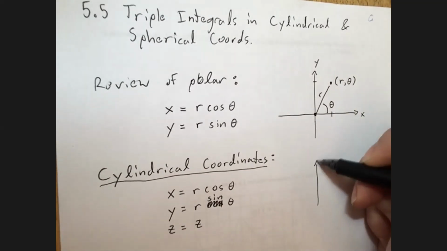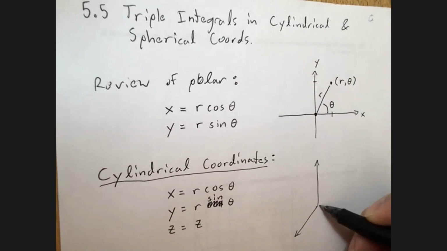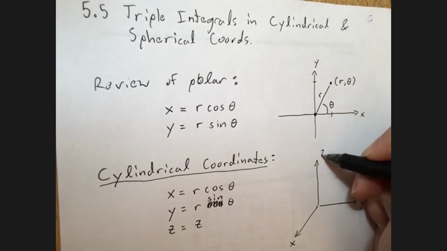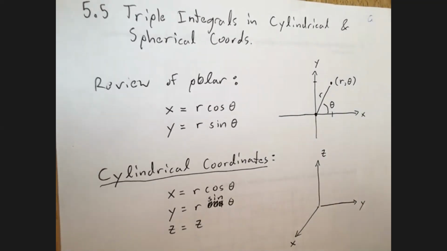So how is that going to look in 3 dimensions? Well, I have my x, y, and z axes. I've got the setup for polar coordinates in the xy plane. If I specify a point in space, I'm going to drop it down to the xy plane and look at that point down there.